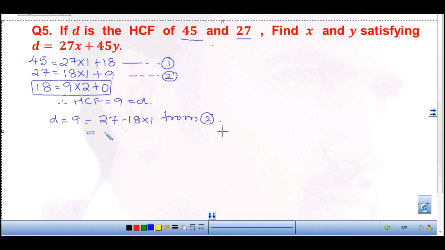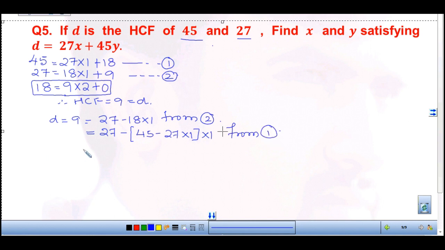Now, this 18 can be written as 45 minus 27 multiplied by 1. This is from equation 1.